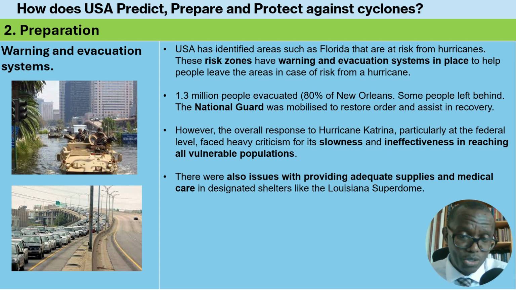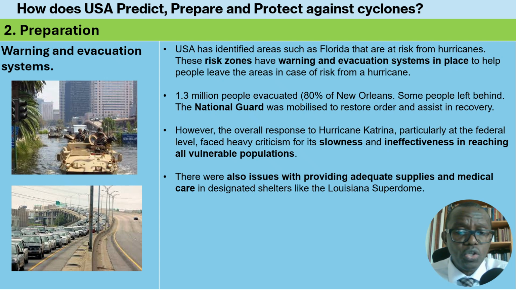Actually, during Hurricane Katrina, there were people who were waiting to be evacuated for quite a long time, and that is because decisions at the federal level were taking a little longer to make, and there were a lot of delays.